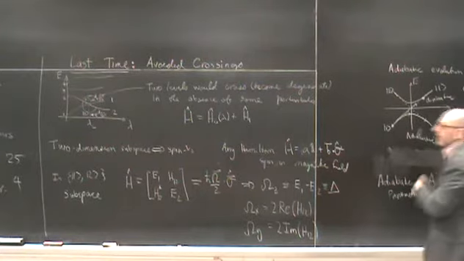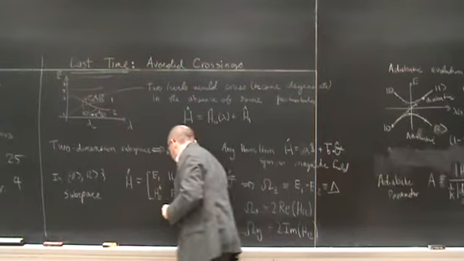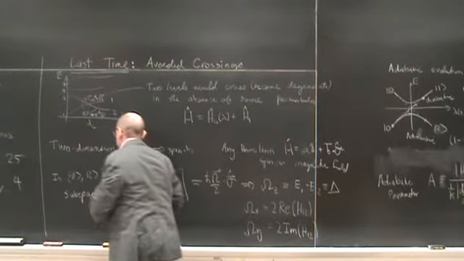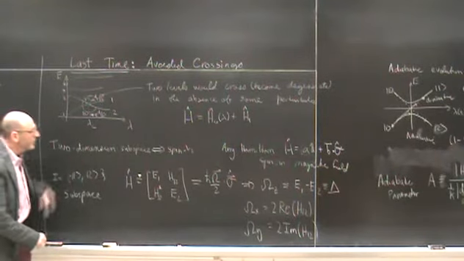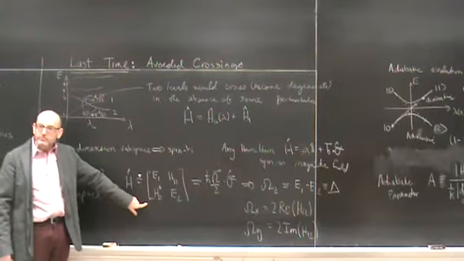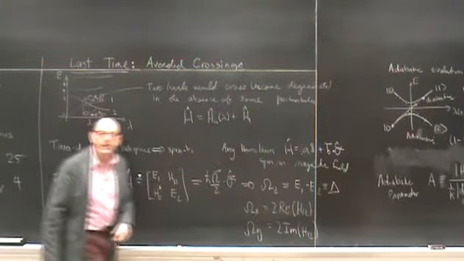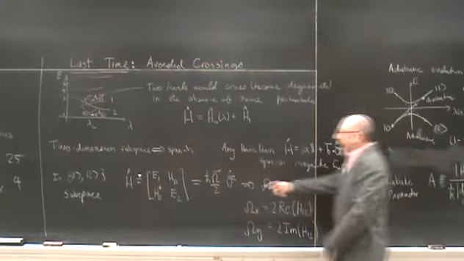So what we can see, in a matrix representation with respect to these energy levels, which I'm calling 1 and 2, is a 2x2 matrix. It has diagonal and off-diagonal elements, and we map that.